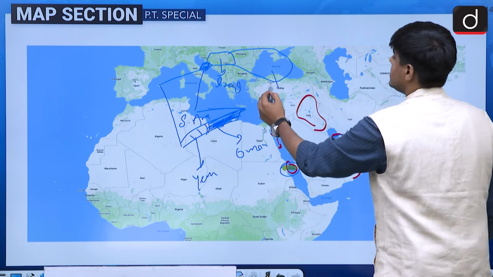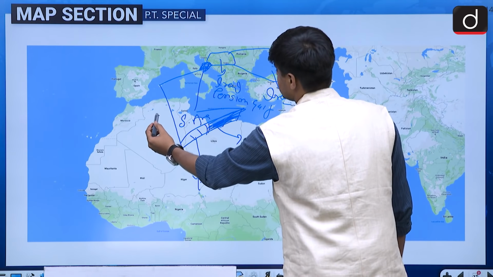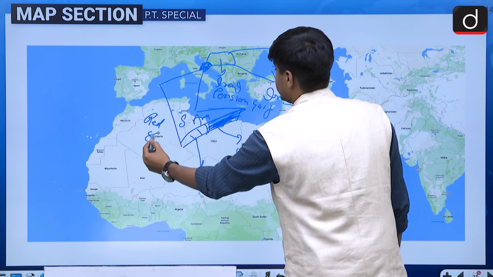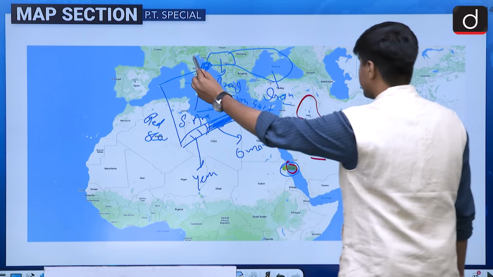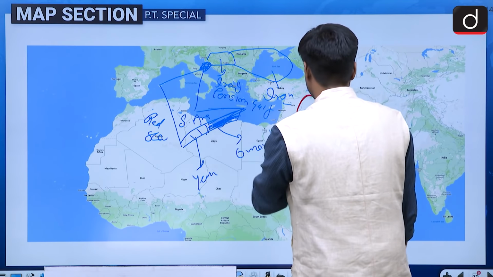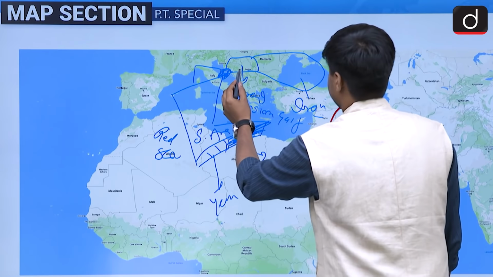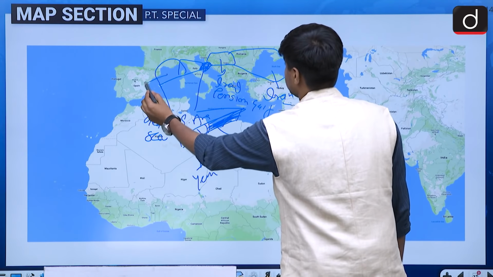And on the other side of Saudi Arabia we have the Red Sea. You can also remember a few other countries located around here, because just above Saudi Arabia we have Iraq and Iran. On the other side we have Jordan.